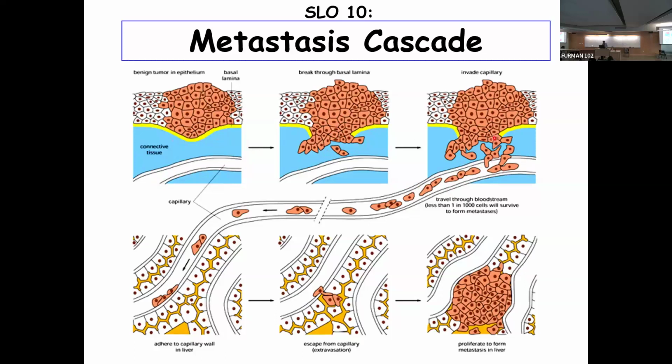These capillaries help in the transportation of the disintegrated cancer cells. The cancer cells travel through the blood vessels and, with the help of a specific mechanism that we'll explain later, adhere to the capillary wall, escape from the capillary, and undergo extravasation, a process where they invade into distal organs, called metastasis. Okay, so that's in a nutshell.